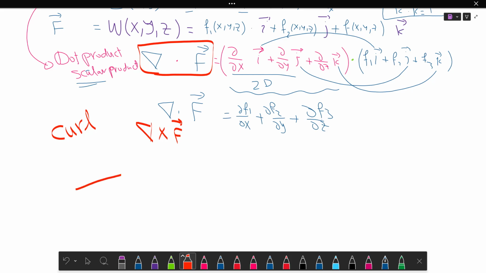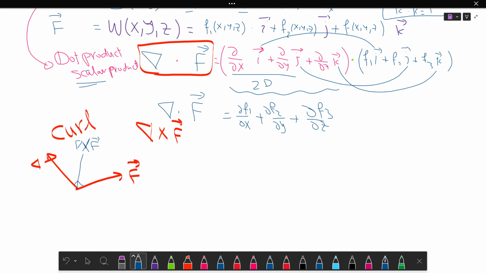If you have f here and nabla here, f cross nabla is perpendicular to both of them, right? So this will be nabla cross f, a vector perpendicular to f.